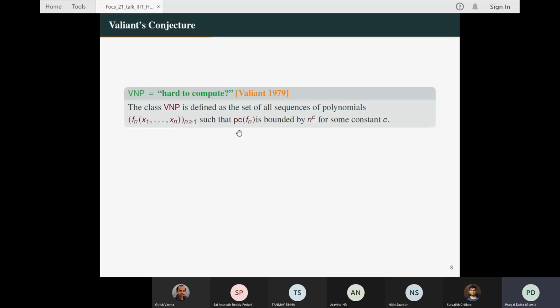The definition is that it has all the sequences of polynomials such that permanental complexity is polynomially bounded. So till now I have defined 3 classes: VP, VBP, VNP. VP was size of f_n polynomially bounded and degree as well. VBP was determinant complexity. VNP is permanental complexity.